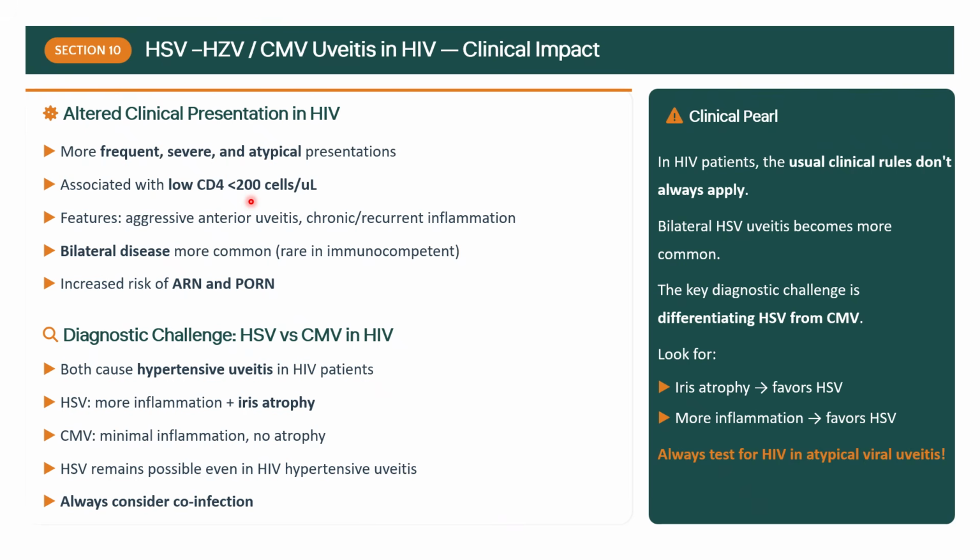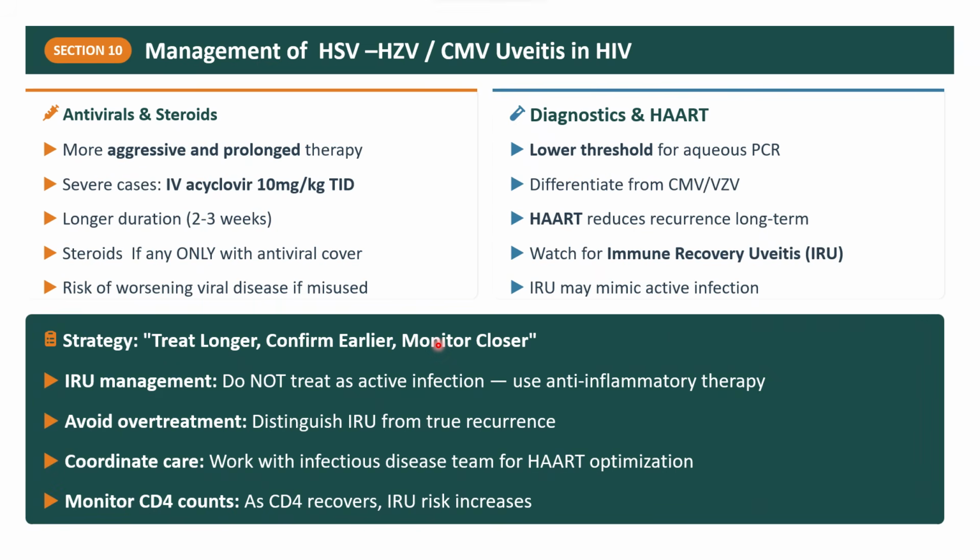So this is very important. A common factor for all of them is the presence of hypertensive uveitis with minimal inflammation in the anterior chamber. The presence of posterior segment involvement also points to the association of immune suppression, especially in cytomegalovirus. So you should keep watch for all these signs and use your clinical skills to manage the patient properly.